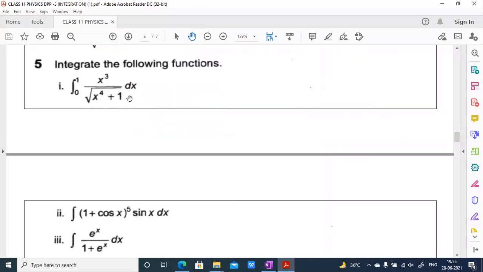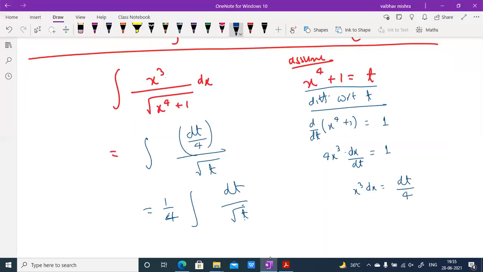If we consider x to the power 4 plus 1 as t, x cube dx will be related to dt. In this step, any doubt? This is called the substitution method. We will have to assume a function and substitute it as some other function. What did we substitute here? x to the power 4 plus 1 as t. Differentiate both sides.